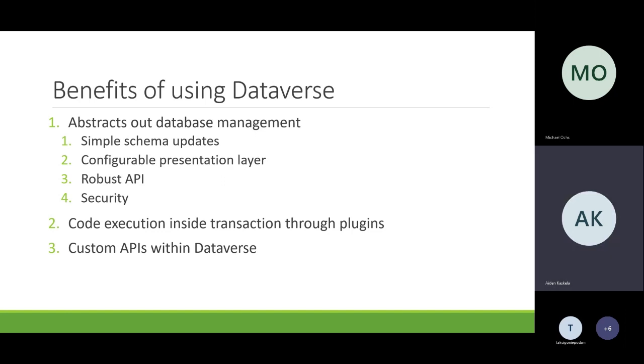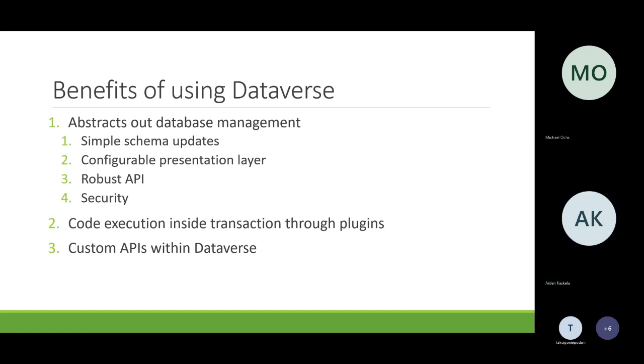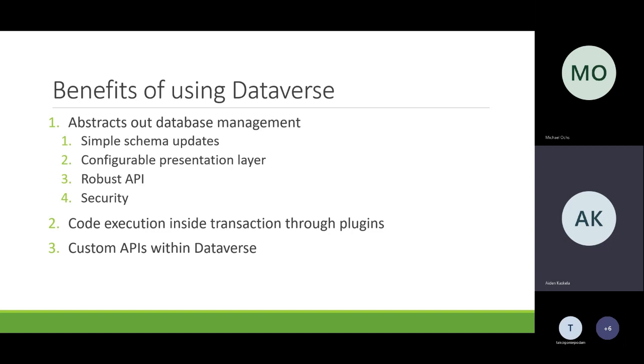And the thing that's awesome about the security is that it's baked in and it covers all the access points. So if Bob is running a program that tries to do something and it's running as his user, it will prevent him from doing that. So it spans the API and Power Apps. It's a really robust security model.